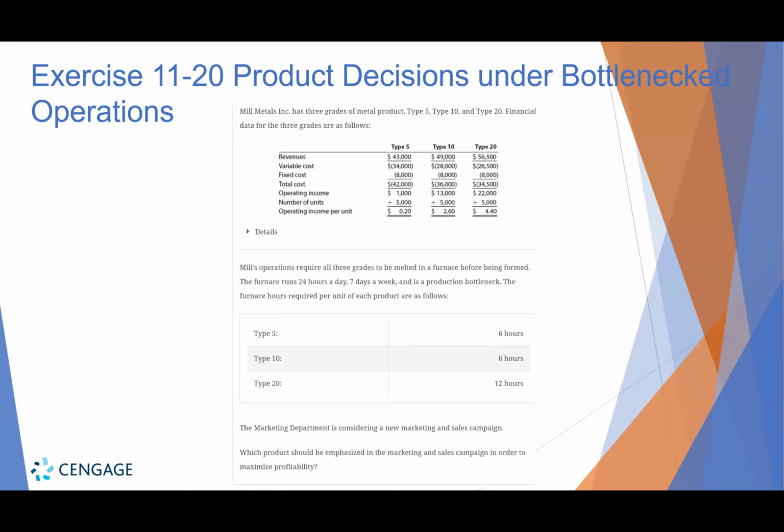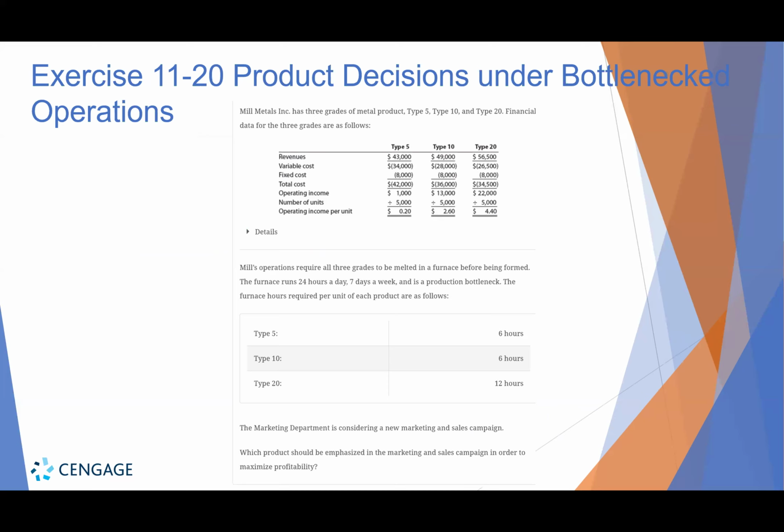So, talking about bottleneck operations, Mill Metals has 3 grades of metal product. Mill's operations require all 3 grades to be melted in a furnace. The furnace runs 24 hours a day, 7 days a week, and is a production bottleneck.